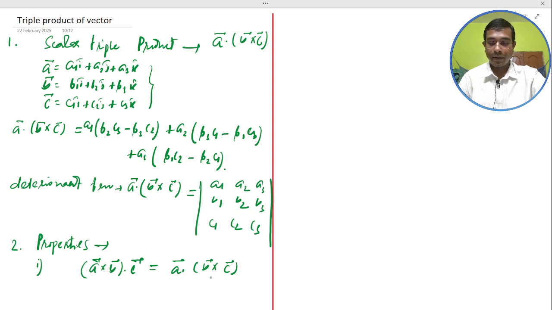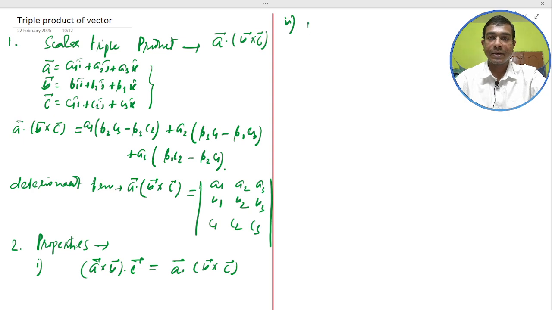Next property: the scalar triple product of A, B, C remains unchanged as long as their cyclic order remains unchanged. When the cyclic order of the vectors is changed, it changes its sign but not its magnitude.